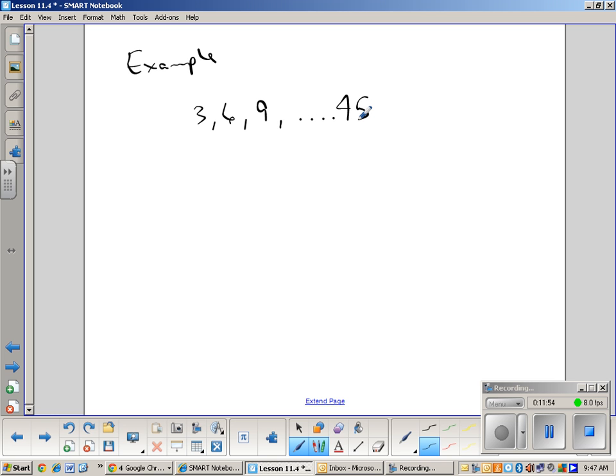We want to first of all write it in summation notation. Okay? And then we want to find the sum of it. So first of all, let's write it in summation notation. So I'm going to pause this so you have some time to think about it. Go back to the notes on what summation notation looks like, what the different parts of it are and what they represent, and let's try to write them.